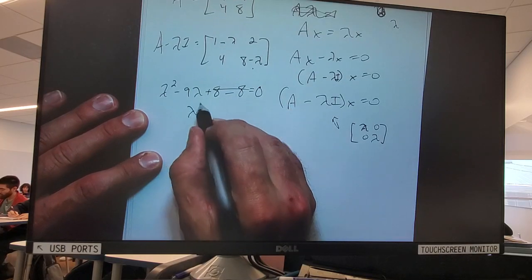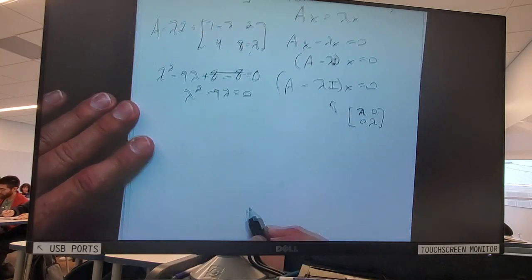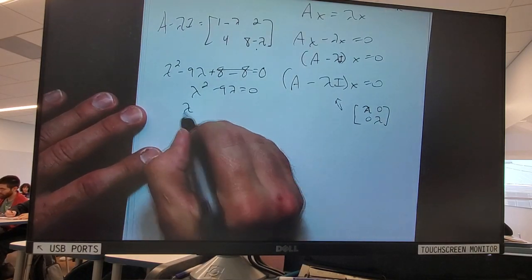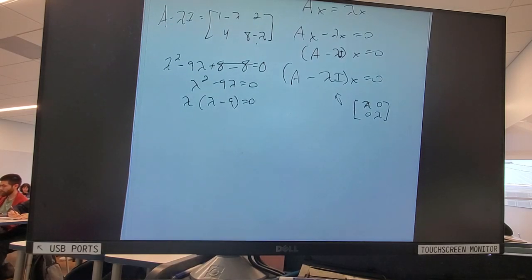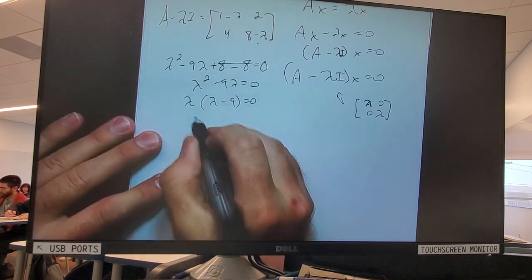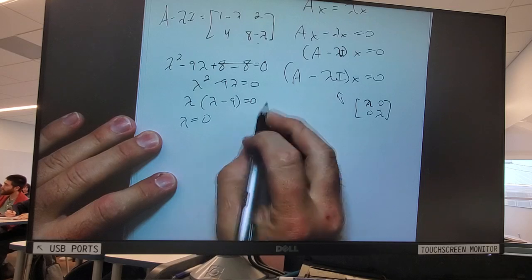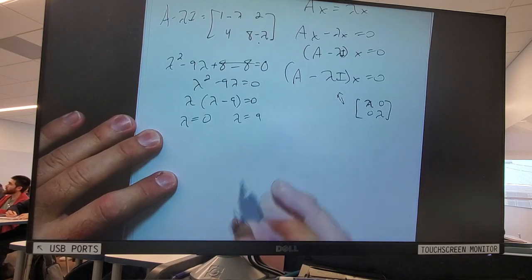The 8's go away. How do I solve this equation? Factor out a lambda. And this was the earlier question somebody had where you thought lambda couldn't be 0, but lambda totally can be. So lambda is 0 is one eigenvalue, lambda is 9 is another one.